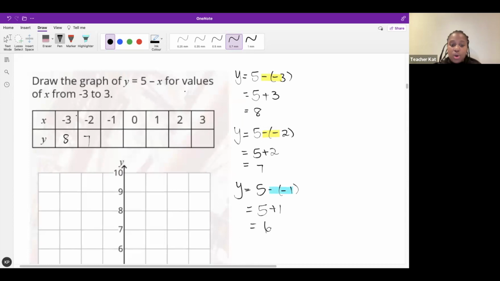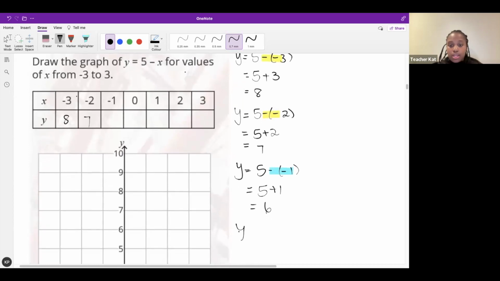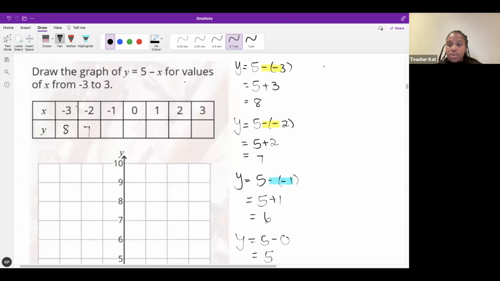And for the next one, y equals 5 minus 0. What's 5 minus 0? It's just 5. Okay, we're almost there. We have 3 more actually. Y is equal to 5 minus 1. And 5 minus 1 is going to give us 4.